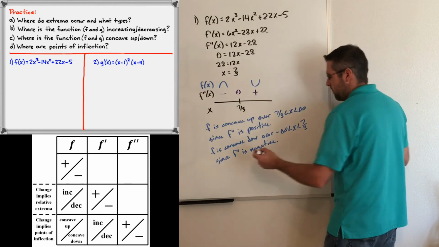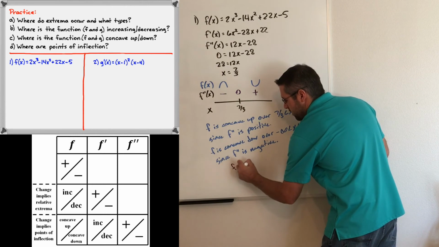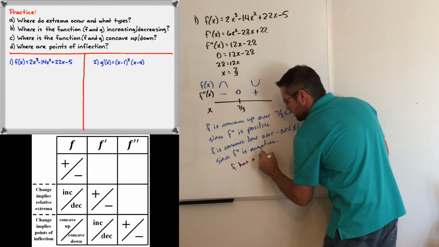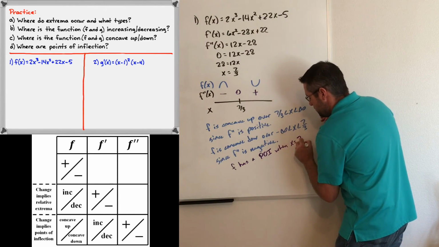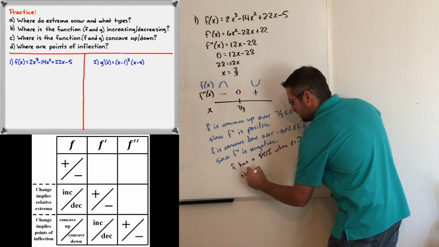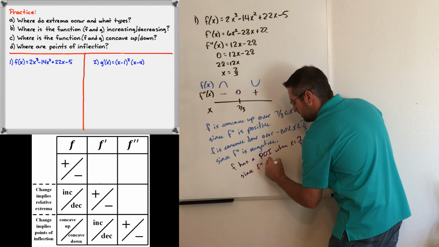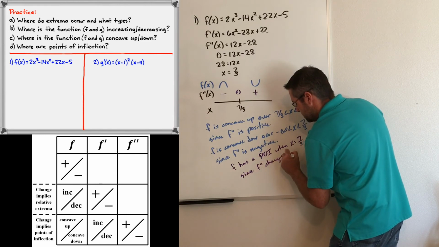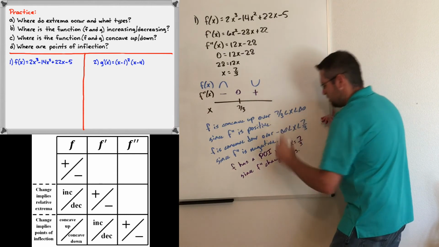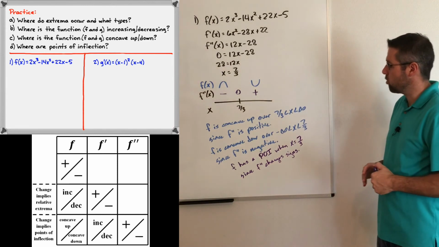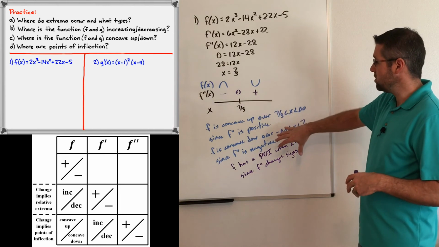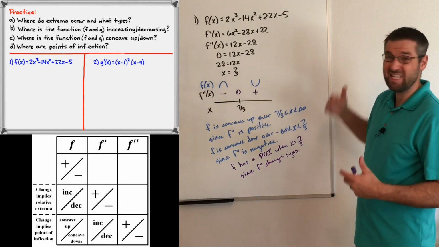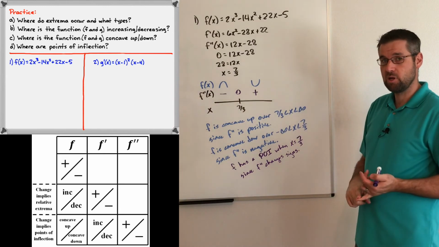We would say that f has a point of inflection when x equals 7/3, since f double prime changes signs. Okay, so that answers question number 1 in pretty good detail. And then we can take this information and actually graph f pretty easily now. We know where it has relative max and mins.